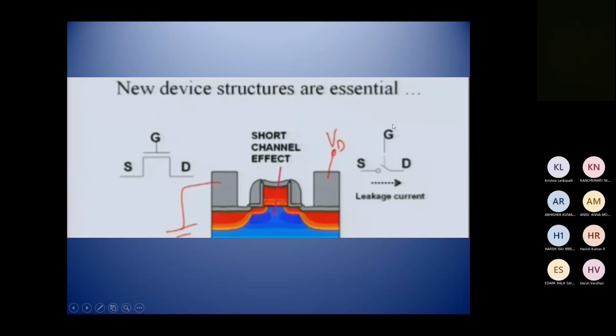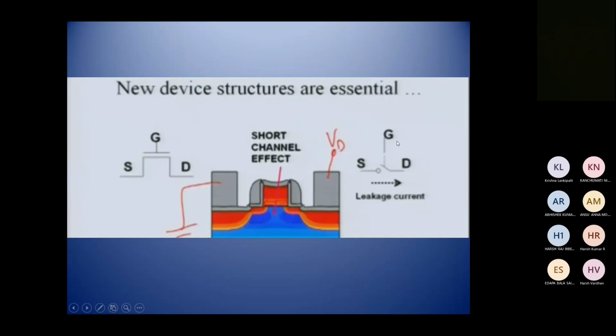So it can act as an on switch or an off switch. Off means there will be no current flow. When the current is on, current conduction takes place between source and drain.